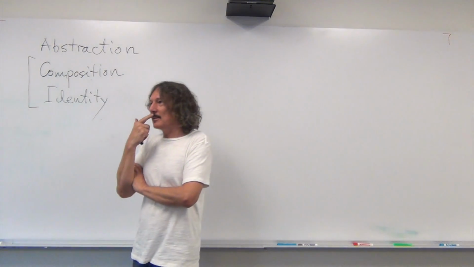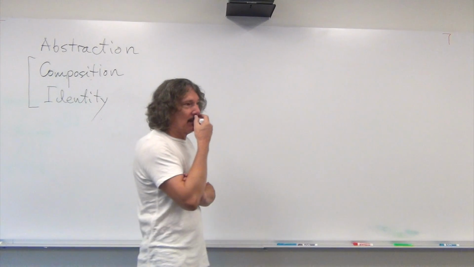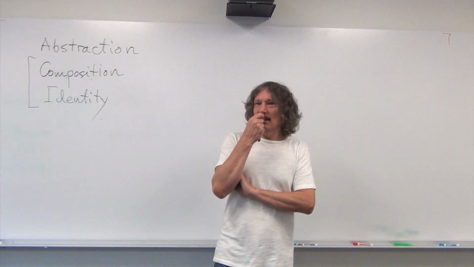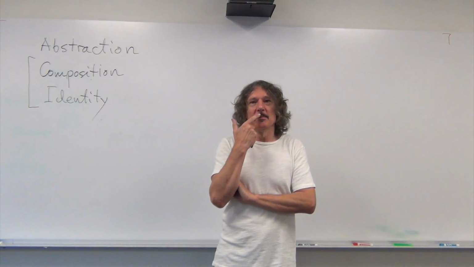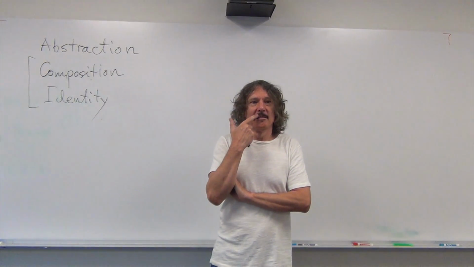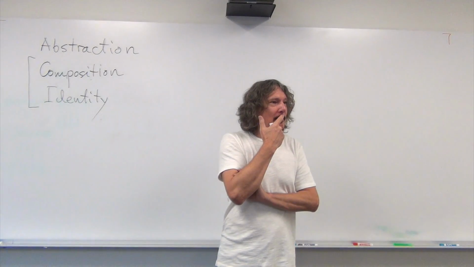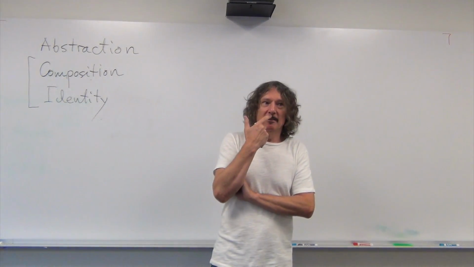Like a set of dogs is not a dog, so that's one. But a set of, what's a good example of a set that is a member of itself? Yeah? A set that contains only itself. A set that contains only itself. Okay. Yeah.